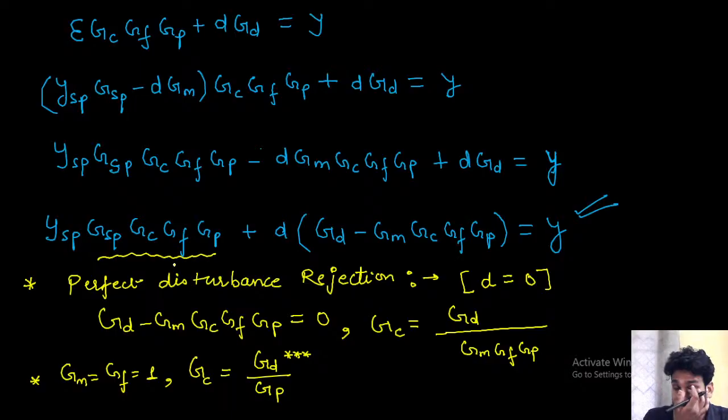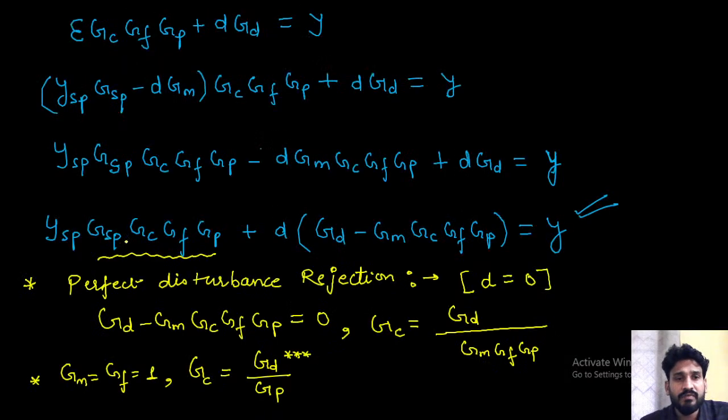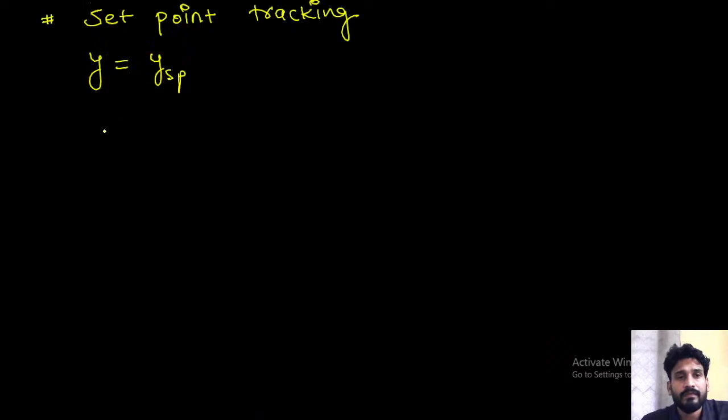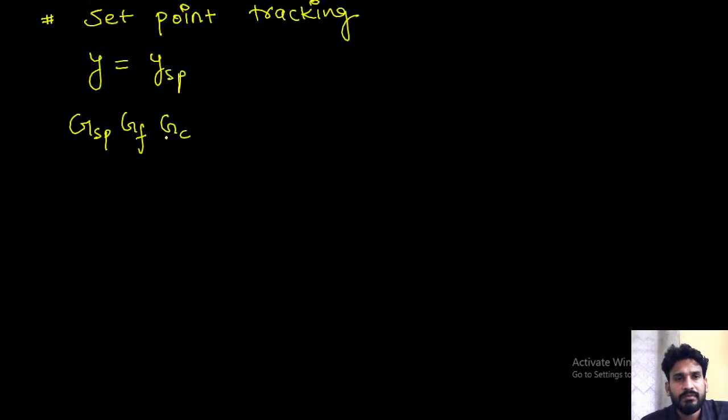If you want y, whatever your output, to be equal to your set point, we can say y equal to ysp when the coefficient of ysp is 1. So what is the coefficient of ysp? GSP, GF, GC, GP. That must be equal to 1.